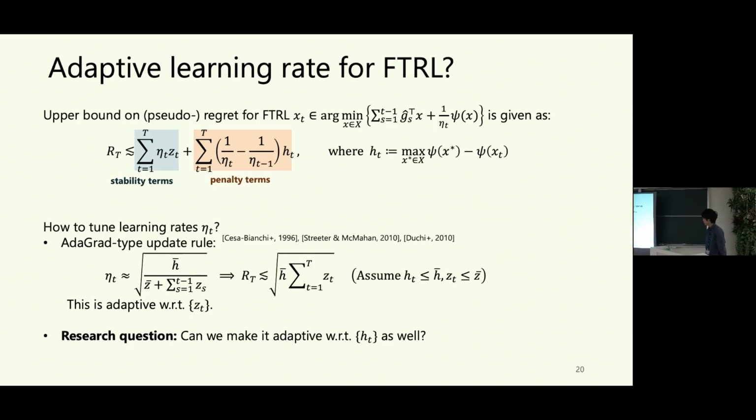Here, the upper bound is adaptive to ZT, but we wonder if we can make it adaptive with respect to HT, not only on ZT, but also on HT. This is the main research question of this study.